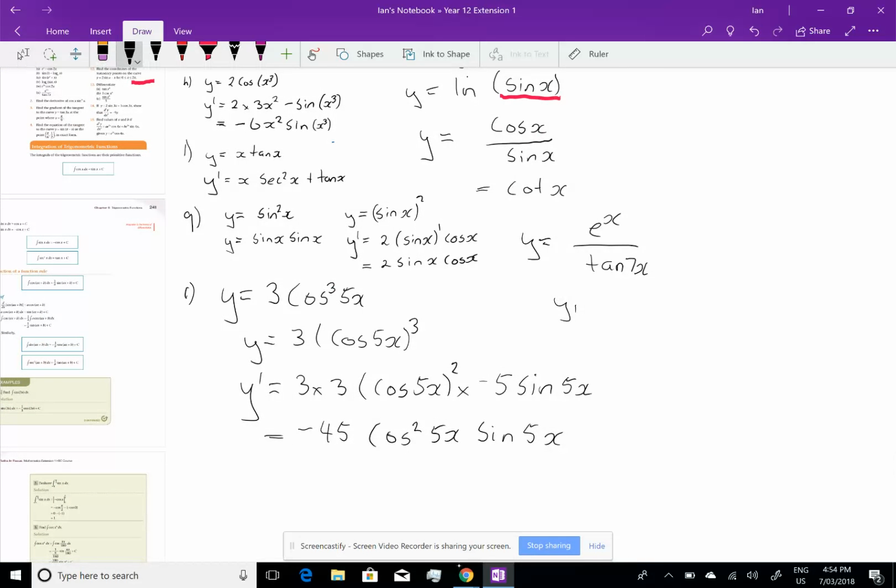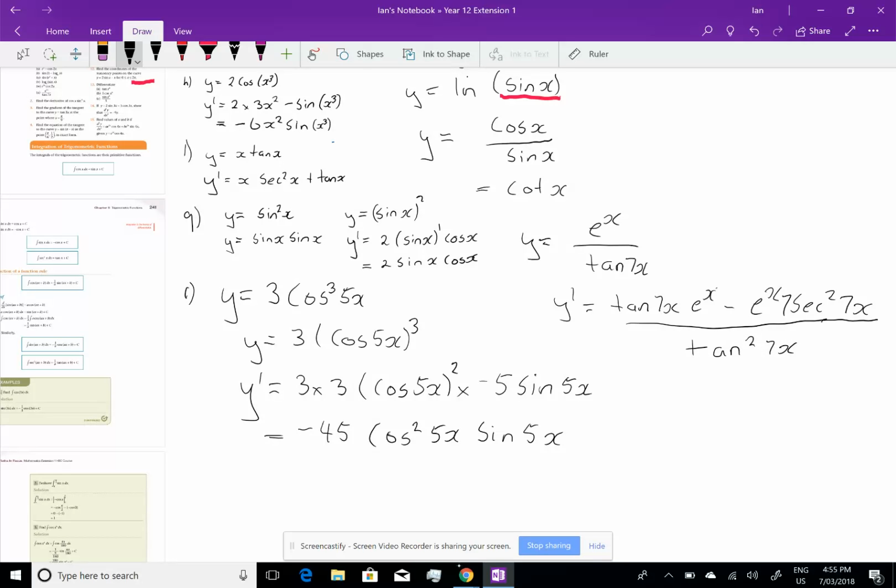Y dash equals the bottom, tan 7x, times the derivative of the top, e to the x, minus the top, e to the x, times the derivative of the bottom, which should be 7 sec squared 7x, all over the bottom squared, which is tan squared 7x.